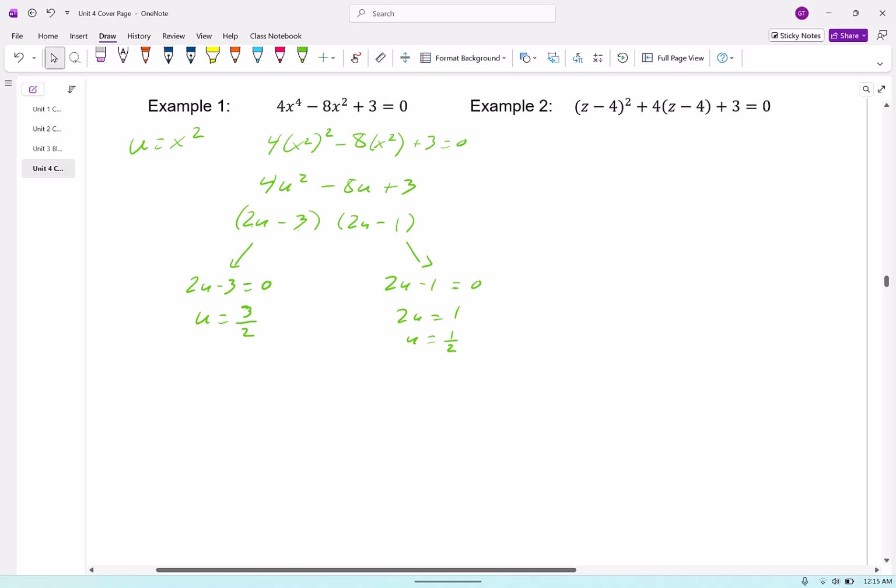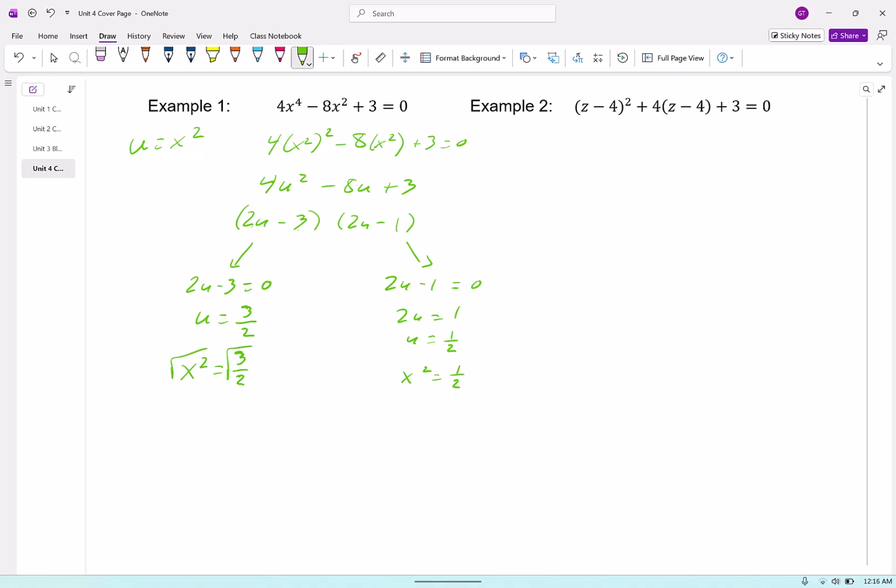Now, thing is, I got to put u back in, so I got x squared equals 3/2. I got x squared equals 1/2. Then from here, once you take the square root of both sides, you get x equals.